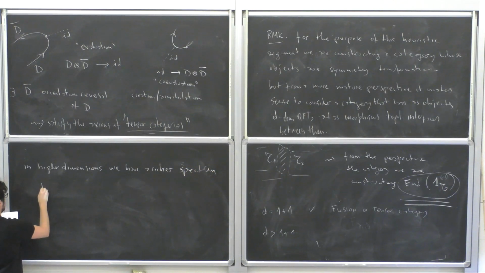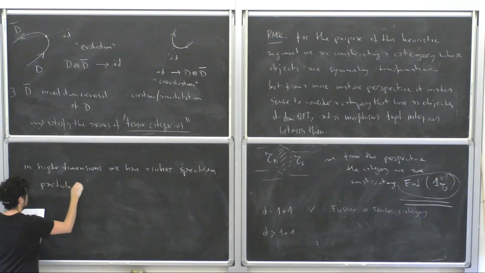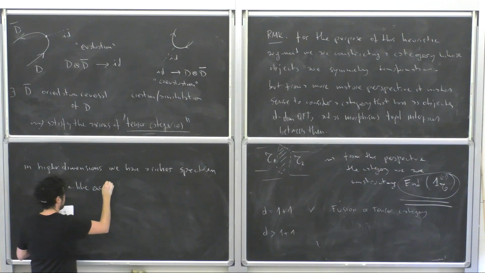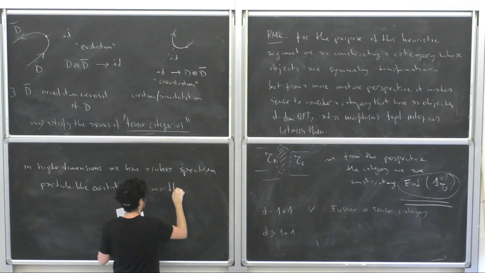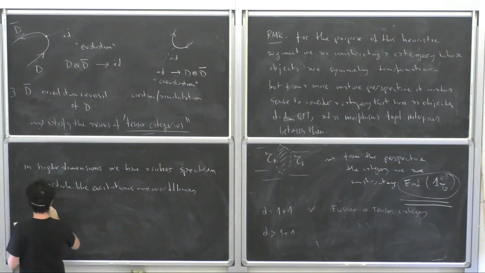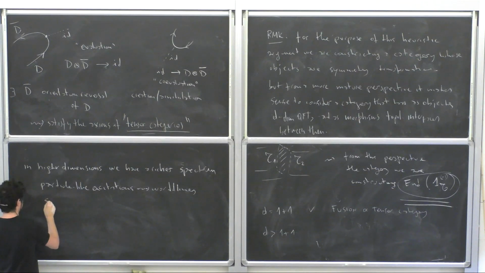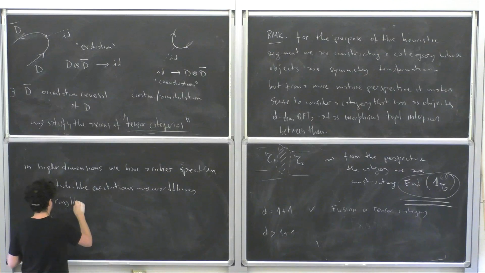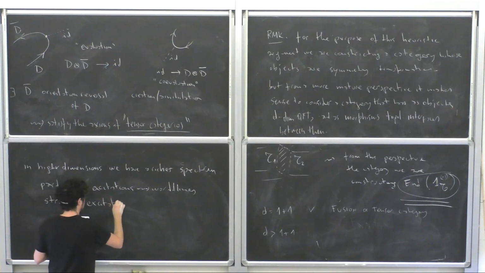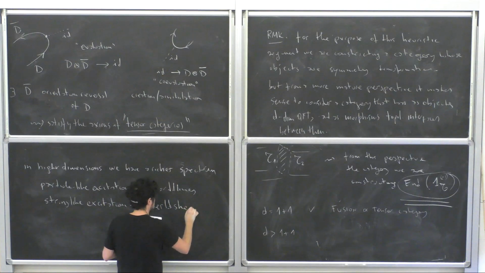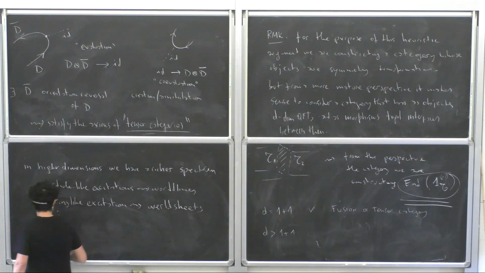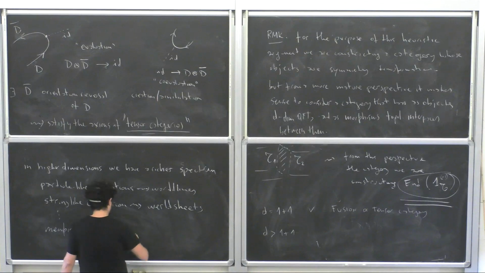We have particle-like excitations that have world lines, but we also have strings, for instance, and they will have world sheets. And in general, membranes that will have world volumes.